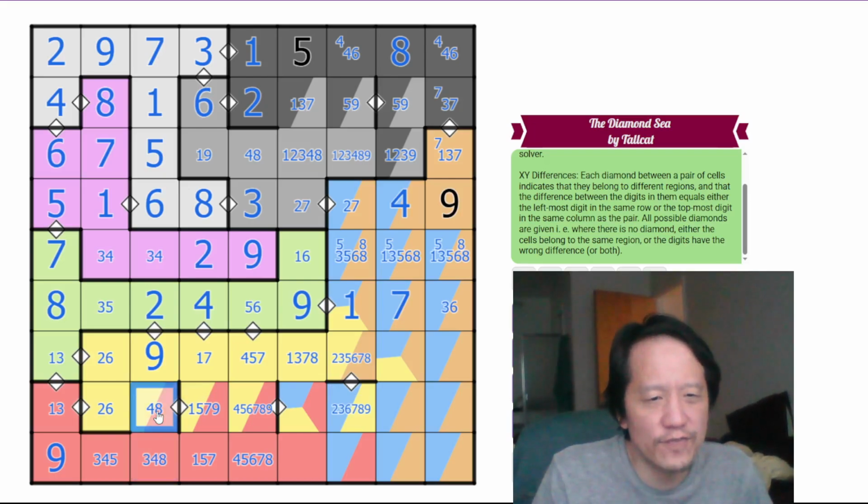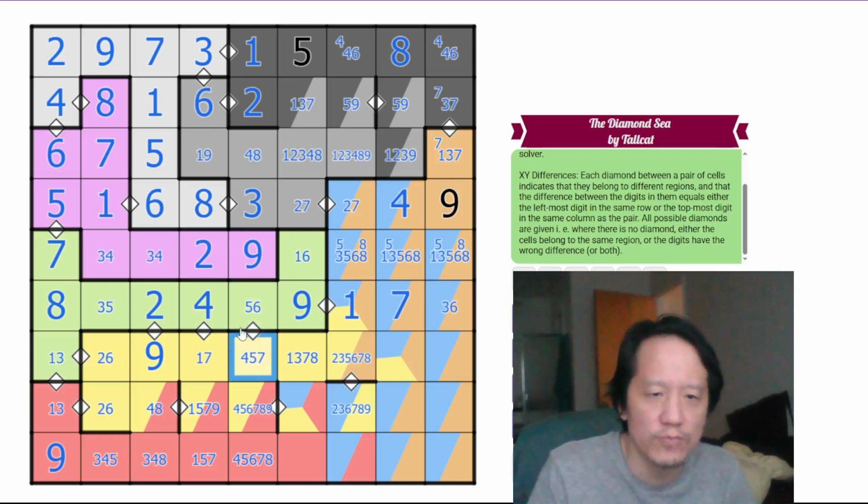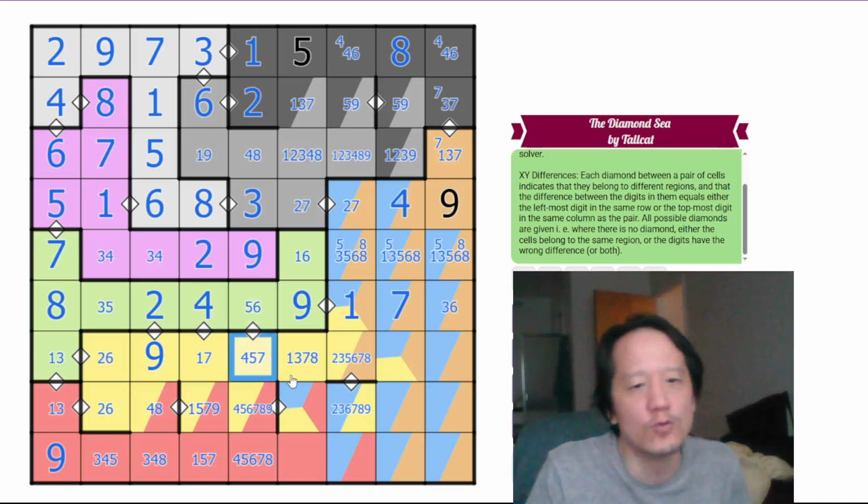If this is 4... This is 1 or 7, difference of 3. This is a difference of 1, 5 with 4, 4, 6 with 5 or 7. So either one of these is 5 or 7.